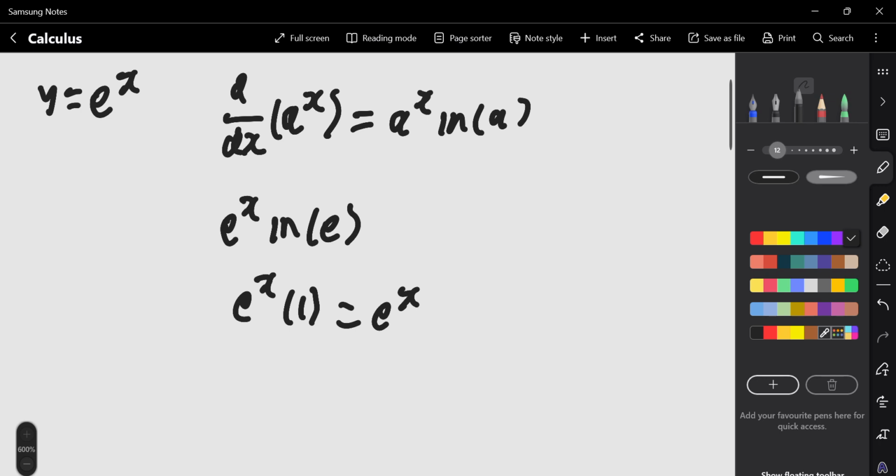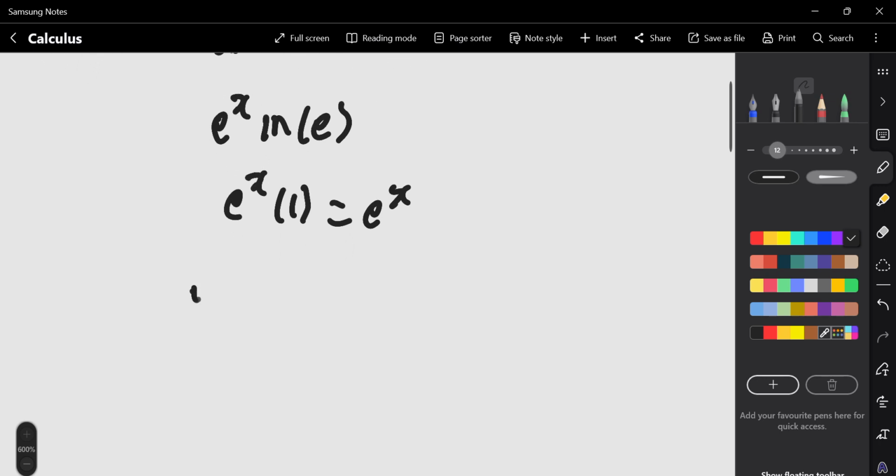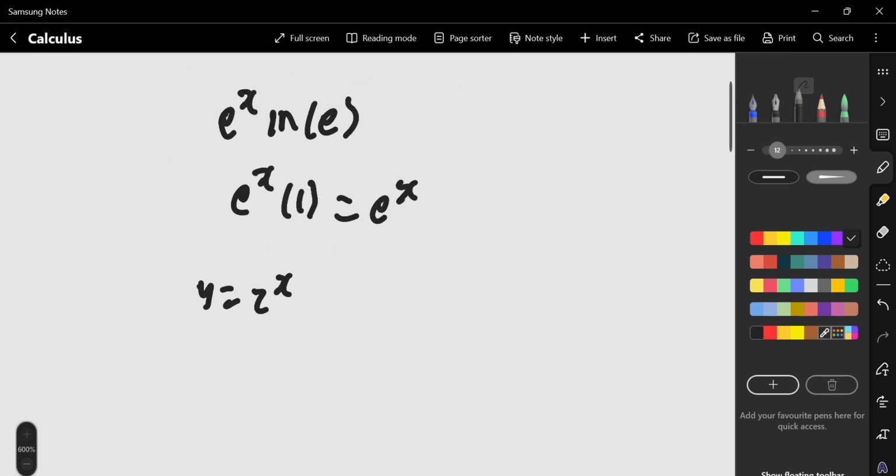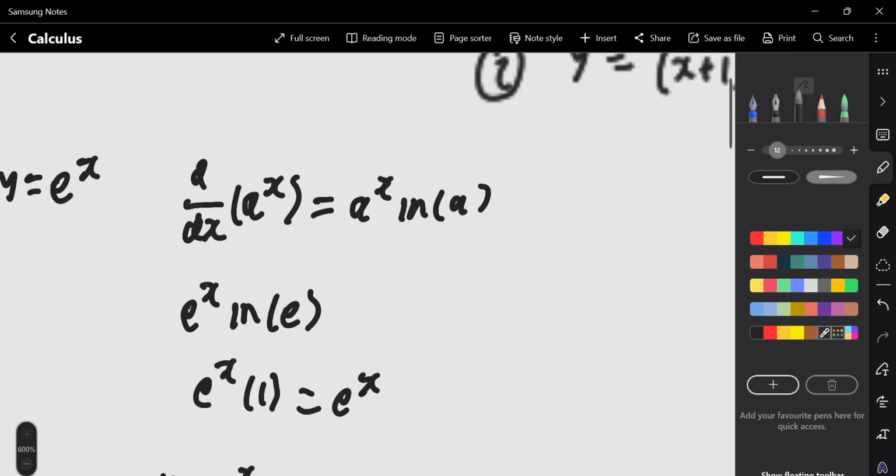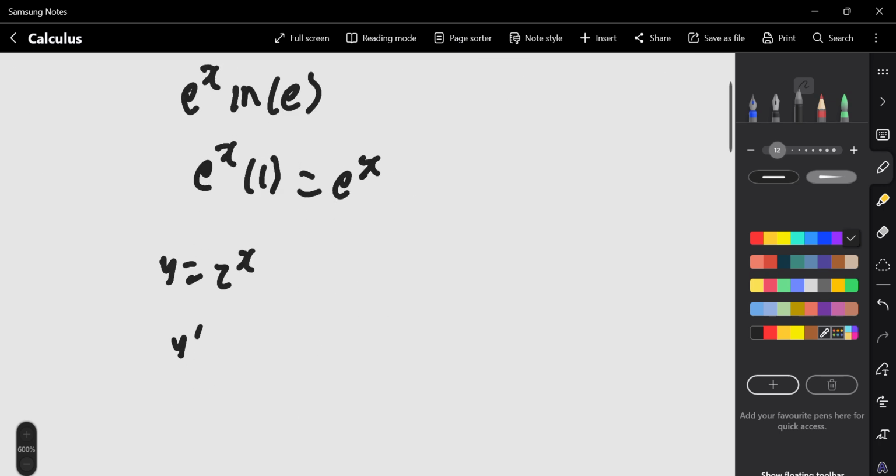So e is the unique number whose exponential equals its own derivative. And you can even show the contrast. If we had y equals 2 to the x, and we apply our formula, it's not going to be 2 to the x. Y prime, like I've just said, there's this formula here, a to the x ln a. So it's going to be 2 to the x ln 2. That's your formula.